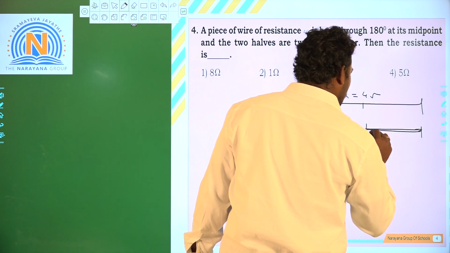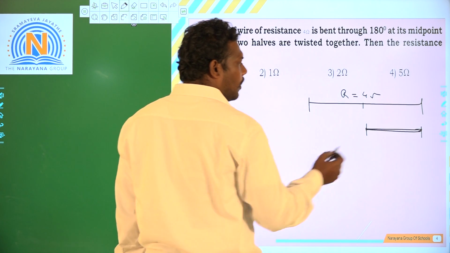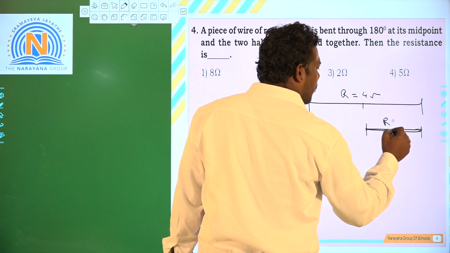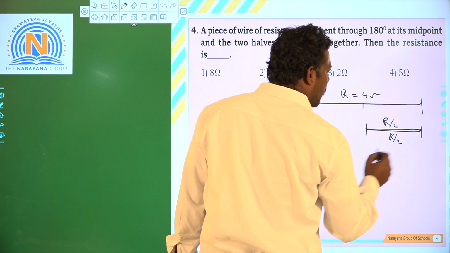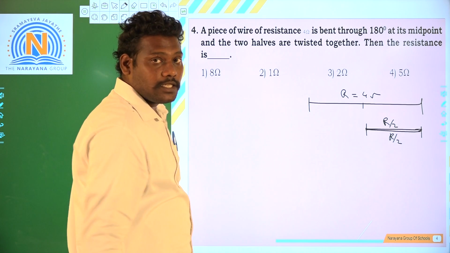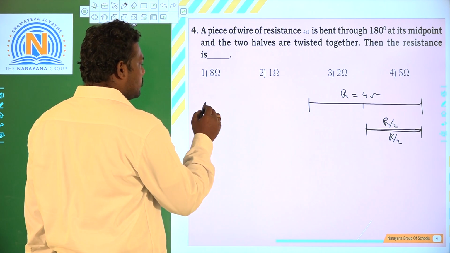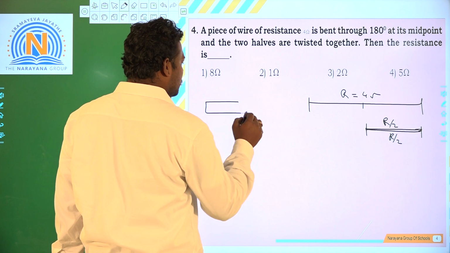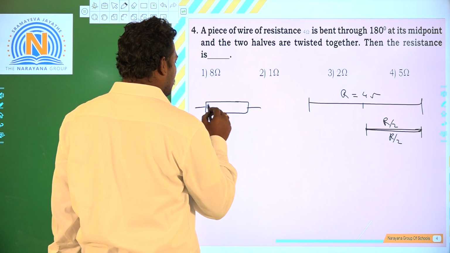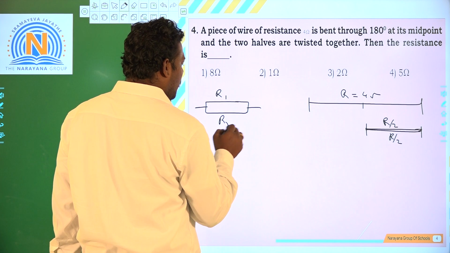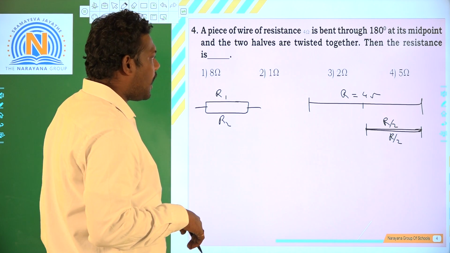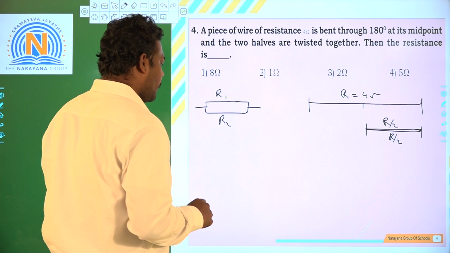So now each half will have R by 2, but you can see this is similar to the first one. These two resistors R1 and R2 are connected in parallel and they both are equal.